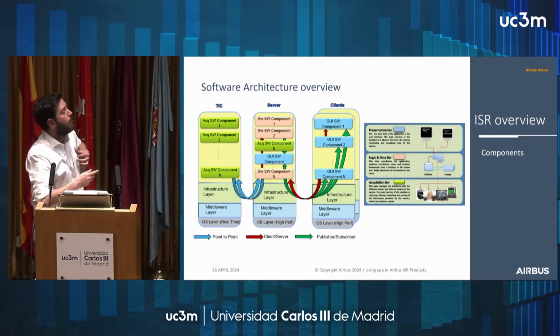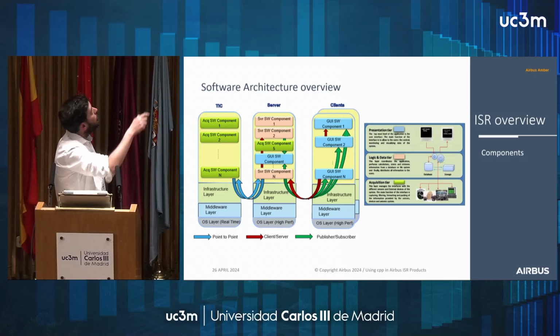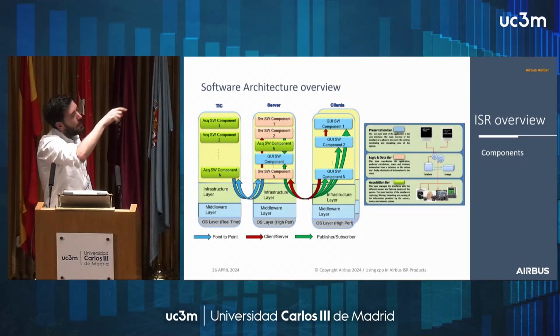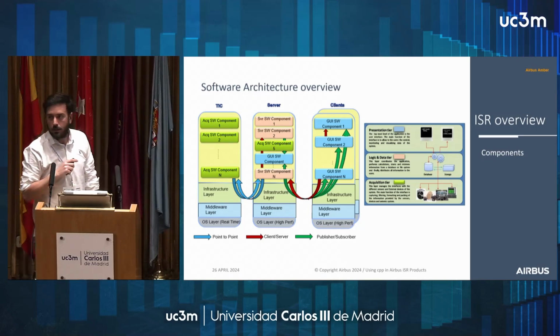With this approach, we have this first architecture overview. We have the three kinds of processor: TIC, server, which here is the TMP, and client, which is the CLP. We have 4 layers: operating system, middleware, infrastructure, and application layer.